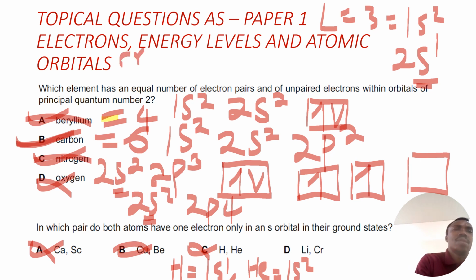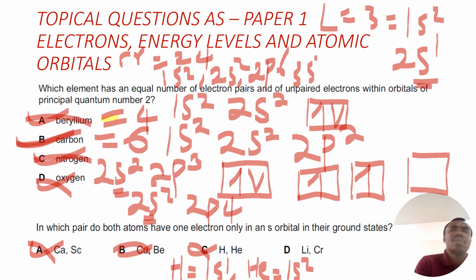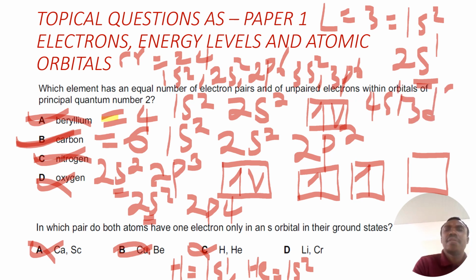Chromium is 24, which is 1s2, 2s2, 2p6, 3s2, 3p6, 4s1, then 3d5. So you can see that chromium has 1 electron only in an s orbital in the ground state, which is the 4s1. So the answer to this question is D. So as you can see, it's as simple as A, B, C.